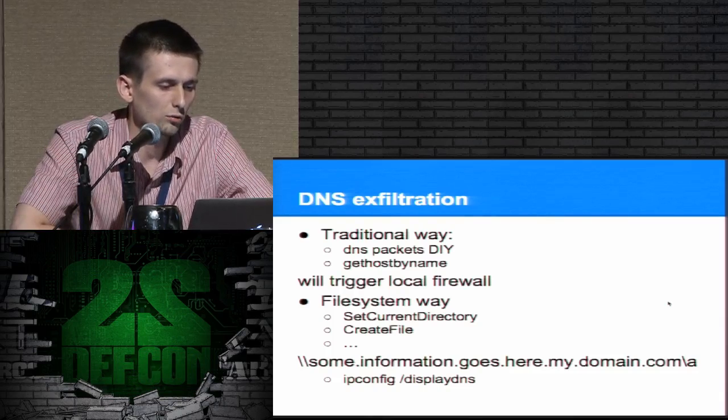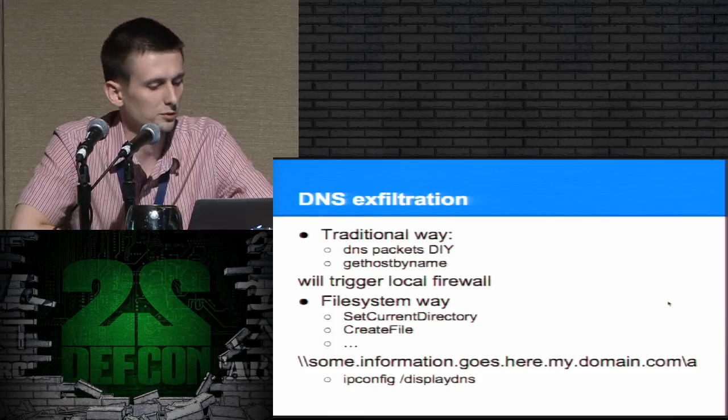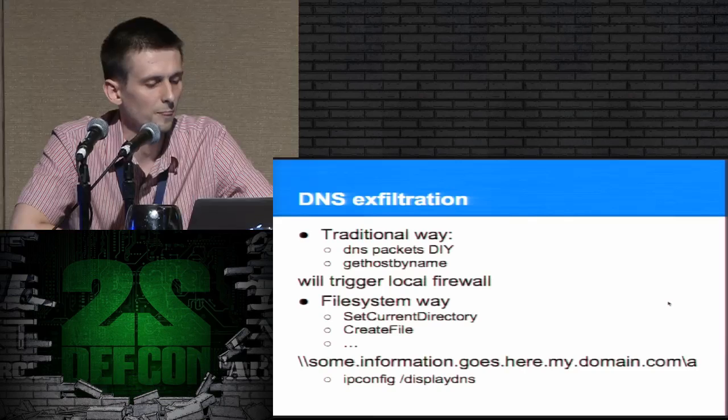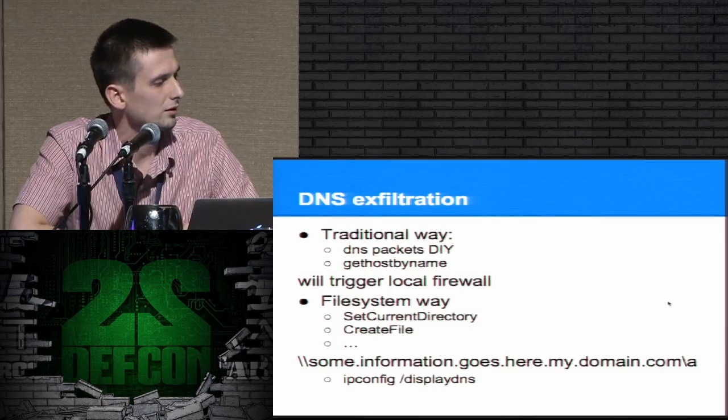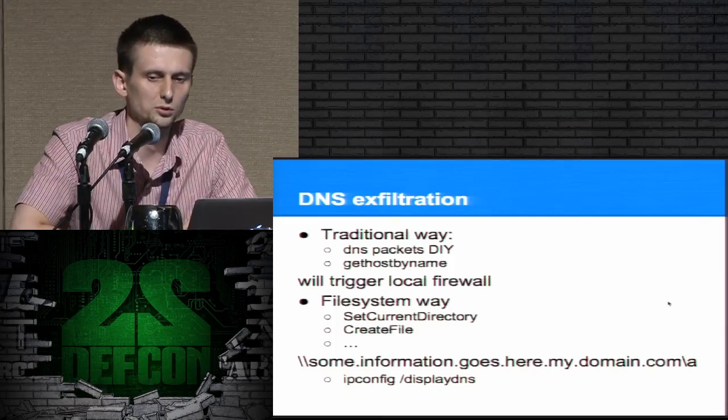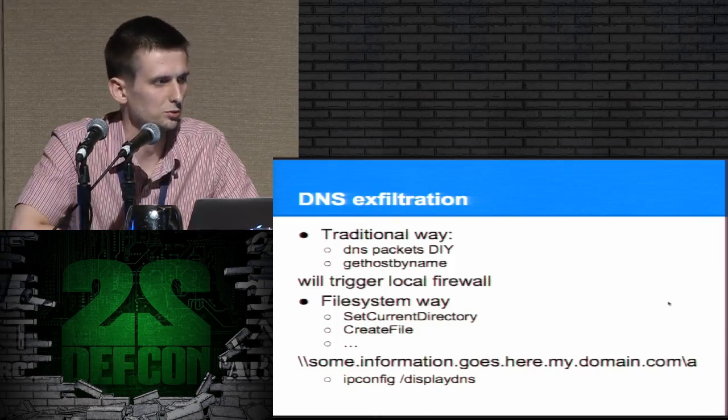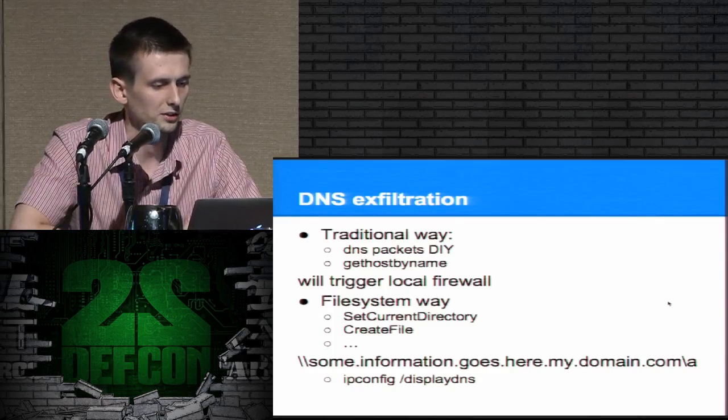And actually, there are no personal firewalls that will catch you doing such things. It's slow, but if you just want to send a username and password somewhere on the internet, that speed is quite enough.